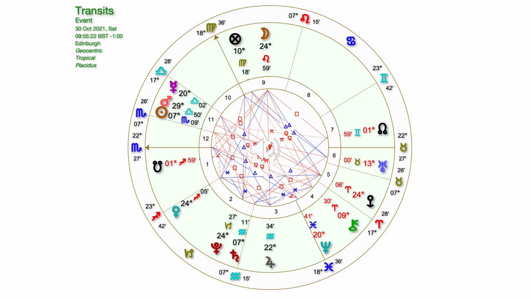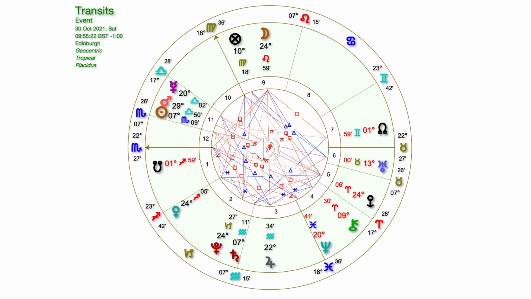Jupiter is where you expand and where you experience abundance, and so on. The signs, so each planet in the chart falls under a sign, and the signs tell us how these planets are playing out in your life, what kind of role they manifest, because a sun in Gemini will behave very differently to a sun in Capricorn, for example, and so on.